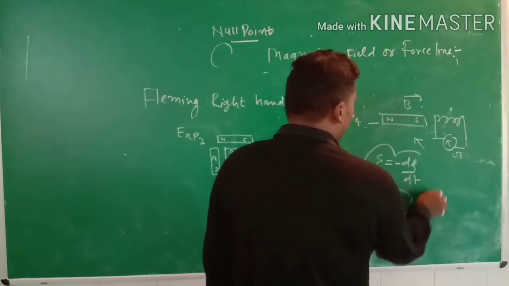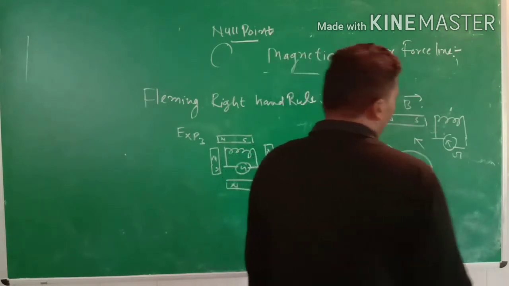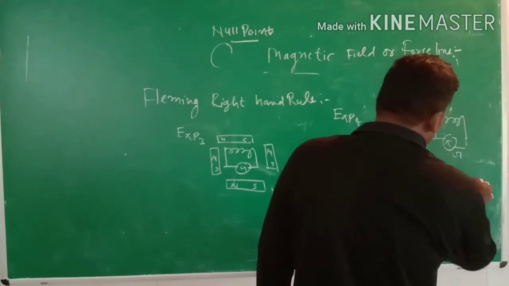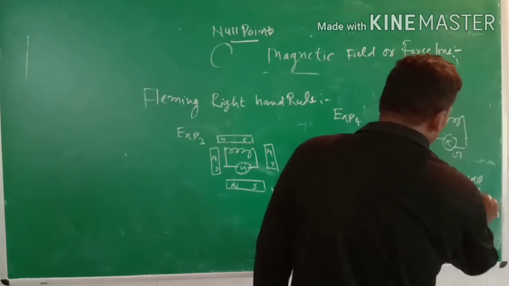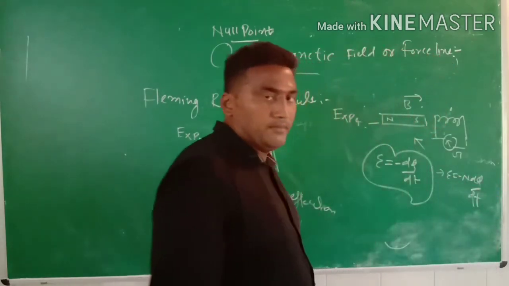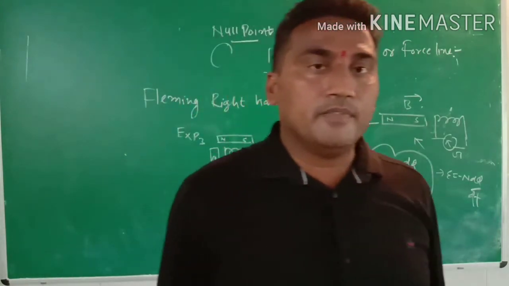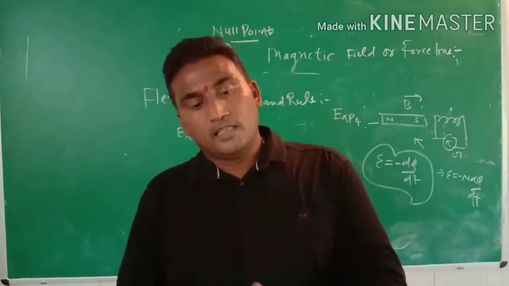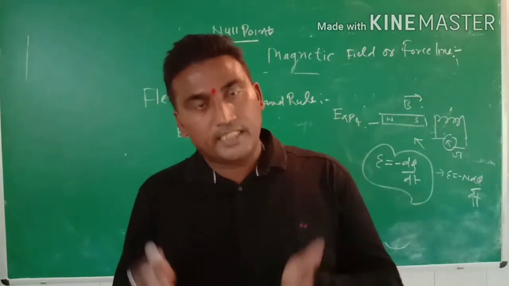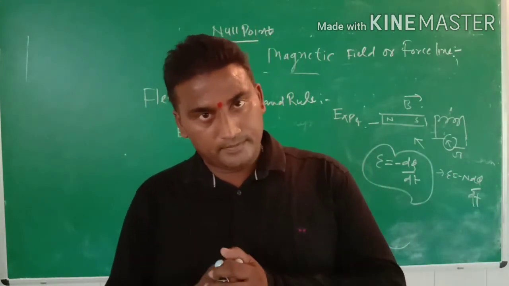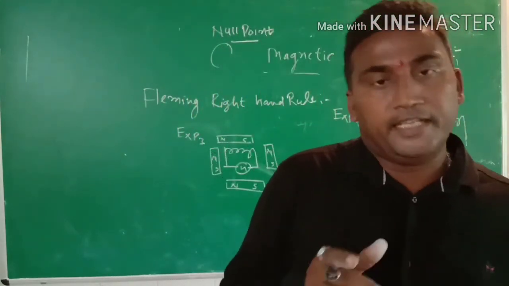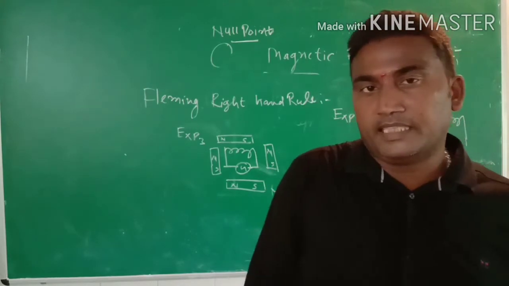Then the induced current is developed in the device, and we can easily write it in this form: E is equal to minus n d phi by dt, where n is the number of turns and the minus sign shows that the induced EMF is in the opposite direction. That is the fundamental property of the induced current.